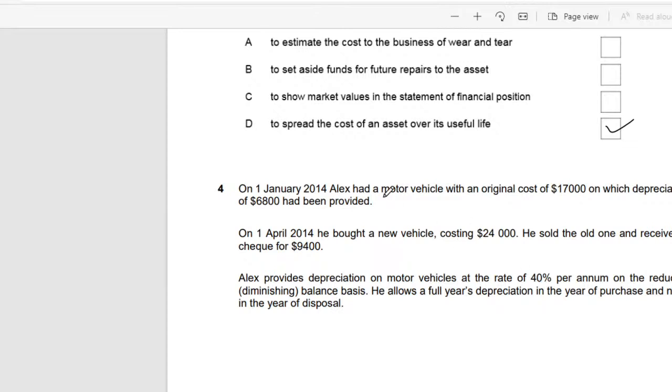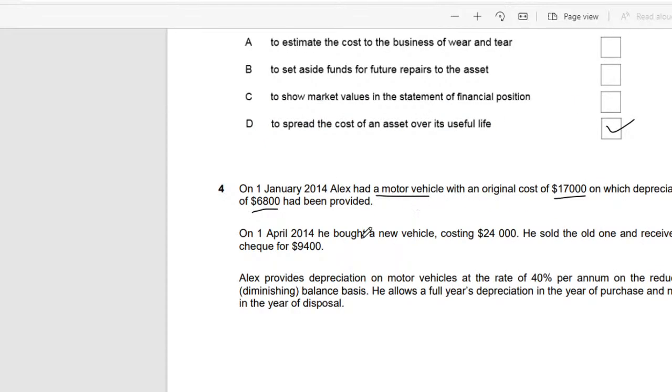The first one says on 1st of January 2014, Alex had a motor vehicle with an original cost of $17,000. That's the brand new price, on which depreciation of 6,800 had been provided.